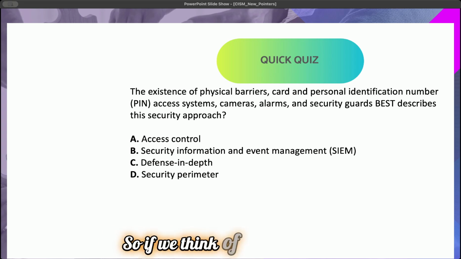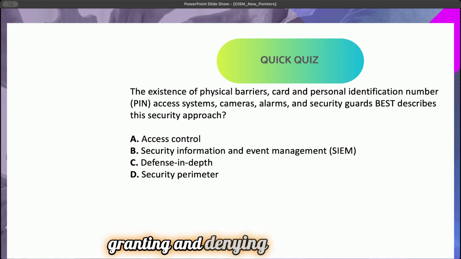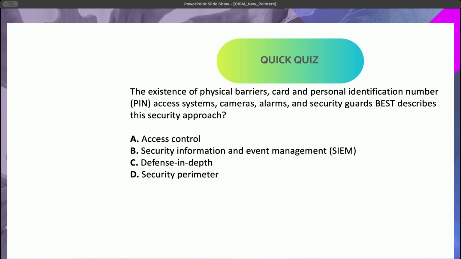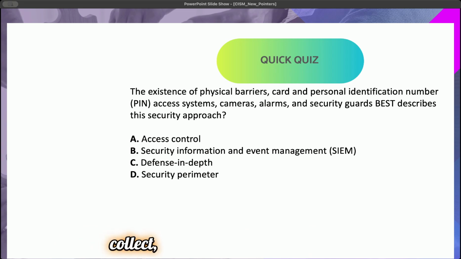If we think of option A, access control, it only refers to a mechanism of granting and denying access, like the card and the PIN part. It does not encompass the whole set of the physical and monitoring controls mentioned here. Option B, that is SIEM, is a software solution used to collect, analyze, and correlate security logs and events. It has nothing to do with physical controls or guards.